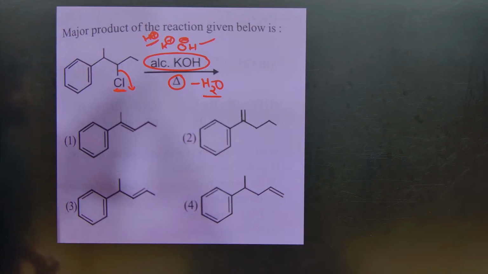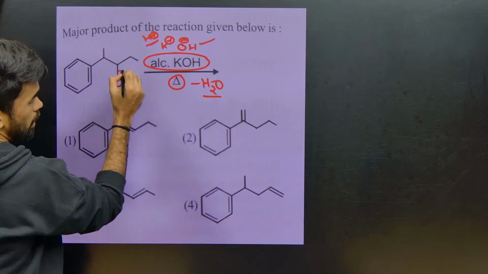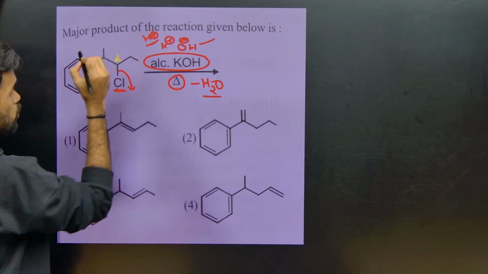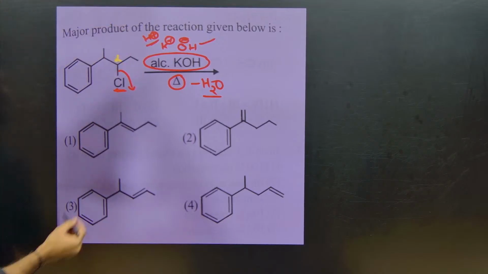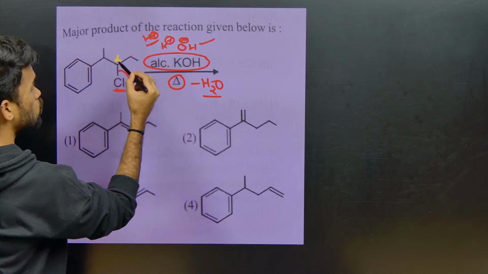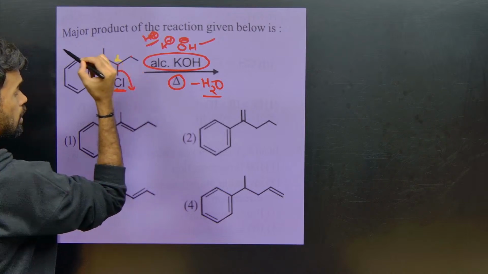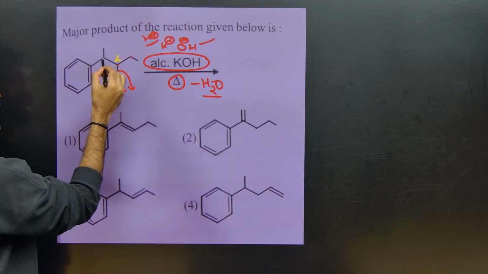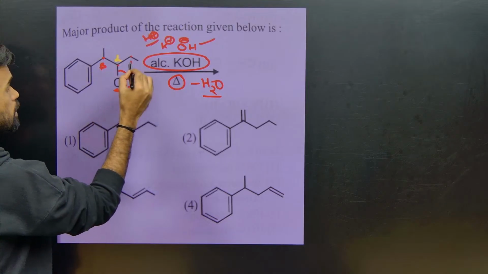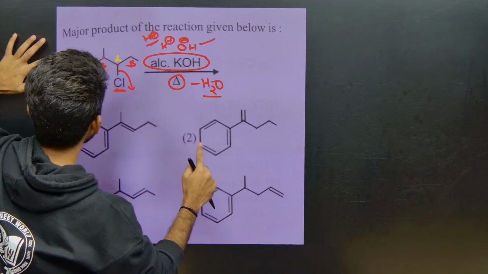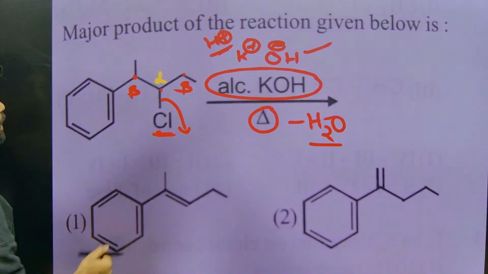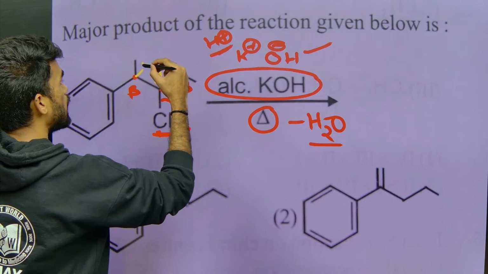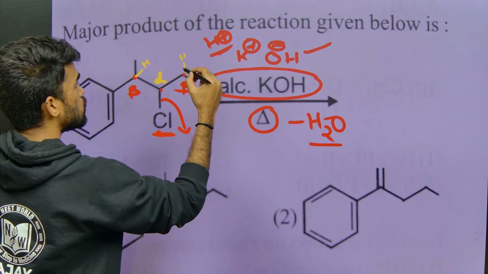See, here we have chlorine, the alpha position or alpha carbon. The carbons adjacent to the chlorine-attached carbon should be considered beta, so these are beta carbons. Let me zoom it out. Now on these beta carbons we have one hydrogen over here and 2 hydrogens over here.